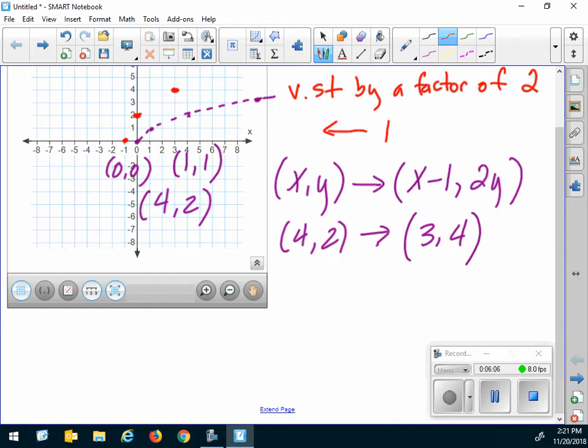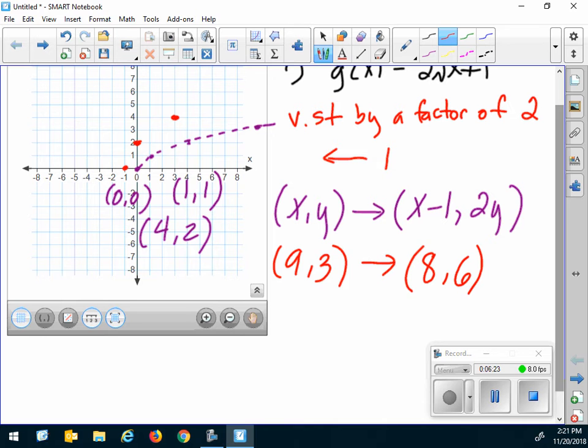And then we're going to take one more point, 9, 3. Where's that going to go? The x value is 9, minus 1 is 8. 8, 6. And there's my new graph.